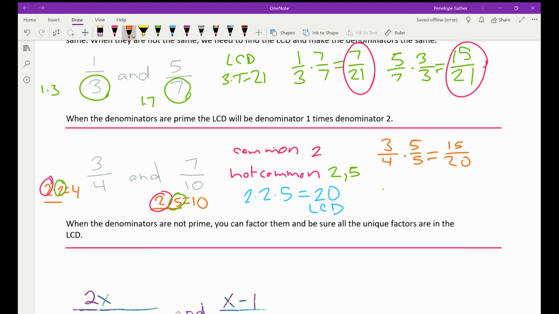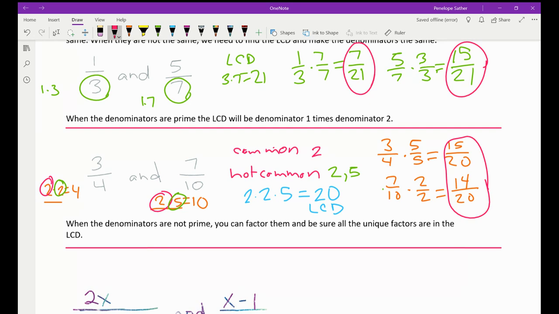If we take our other fraction, that's 7 over 10, we want to turn that 10 into a 20, and the best way to do that is to multiply by 2 over 2. So now we get 14 over 20, and we have our two fractions that now have a common denominator.